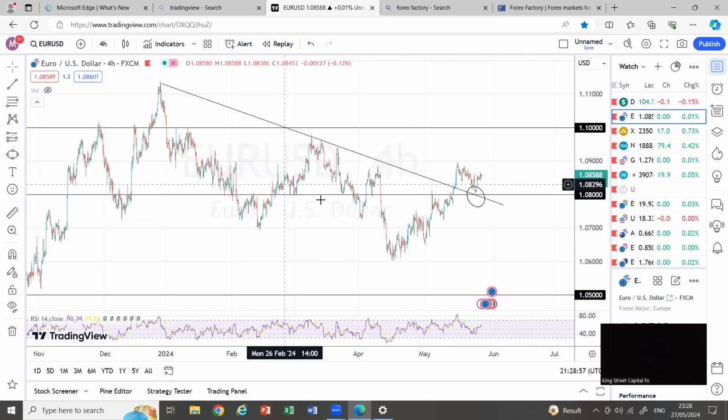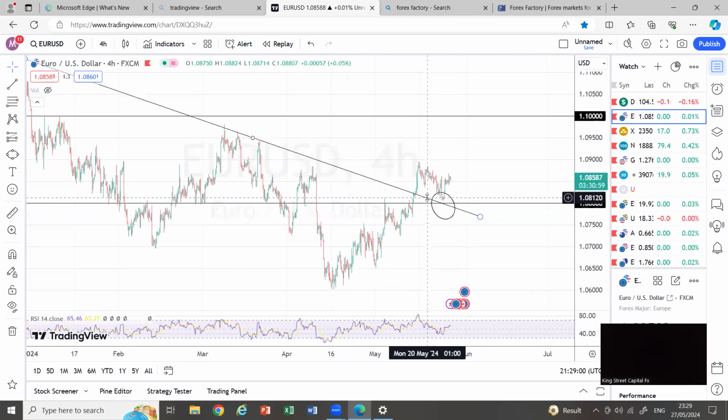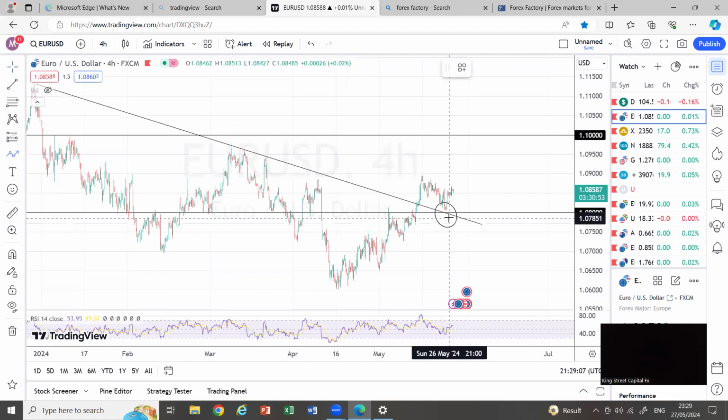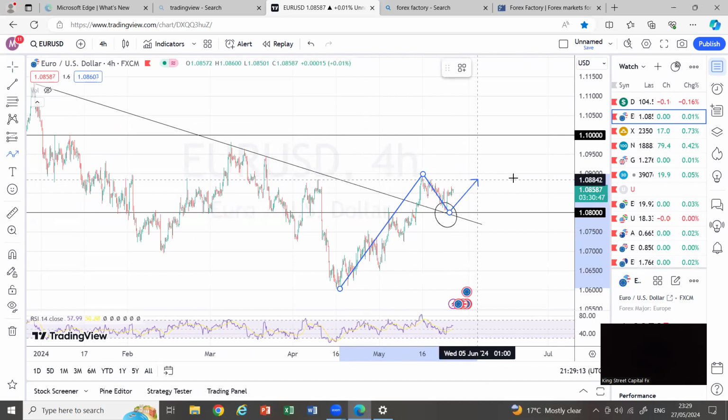So if we look at that, we'd see this breakout, retest, continuation to at least 1.09000, which is here.